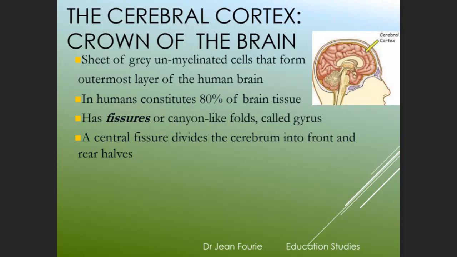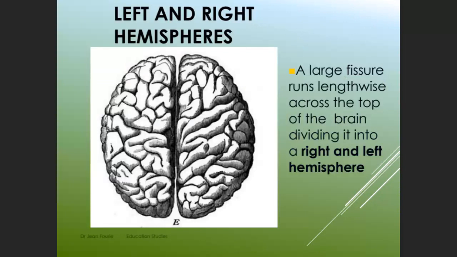There is a central fissure which divides the cerebrum into front and rear halves, and the two sides of the brain are also divided. There is a left hemisphere and a right hemisphere with a large fissure running lengthwise across the top of the brain, dividing it into these left and right hemispheres.